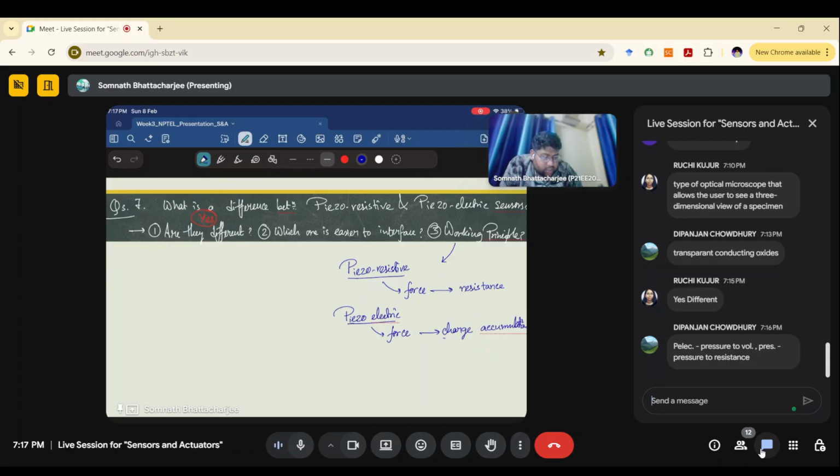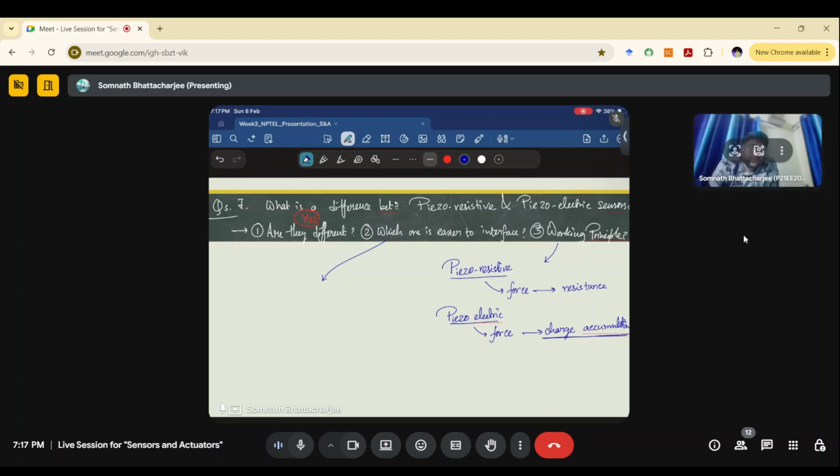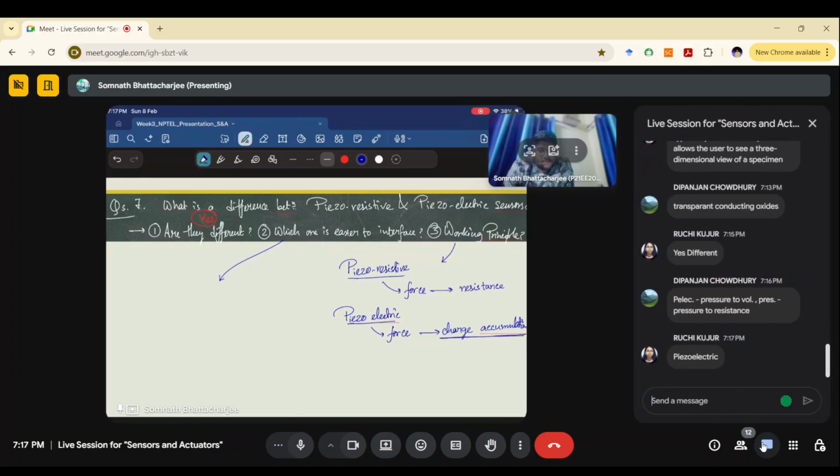The basic thing is that there is a charge accumulation based on the force in one, and a change in resistance in the other. Which one do you think is easier to interface in your opinion? Piezoelectric. Okay. Others? Just tell me a sentence of why you think so, so I can understand your thought process.